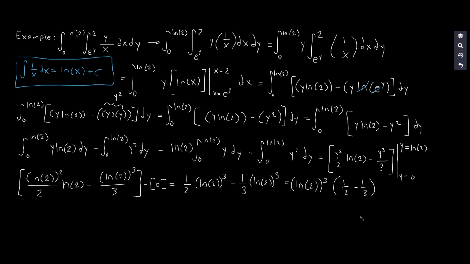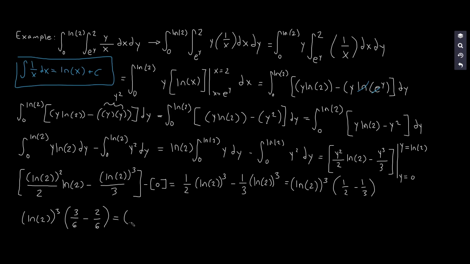This is going to be a lot easier to get these to interact with each other, I think, because the natural logarithm of 2 raised to the power of 3 times, what's the common denominator between these, is going to be 3 over 6 minus 2 over 6, right?